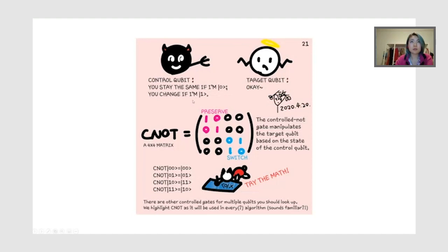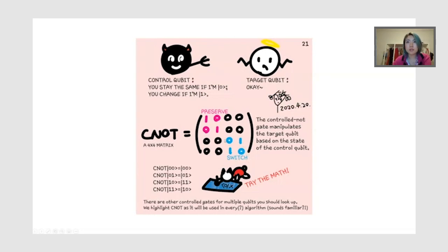If the control qubit is 1, then the target qubit has to flip. We can see this from this 4x4 matrix. The form of this is almost an identity matrix, which doesn't change anything. However, the last quadrant is flipping the location of 0 and 1.